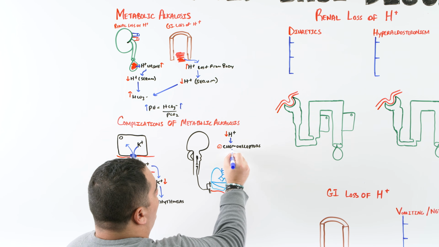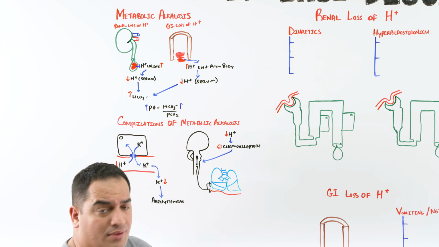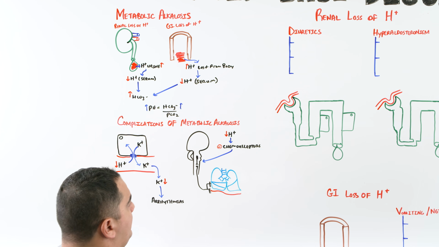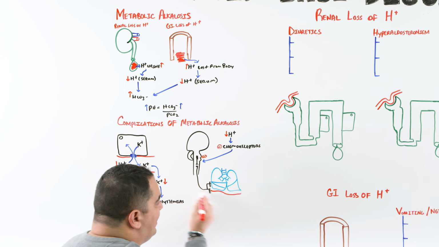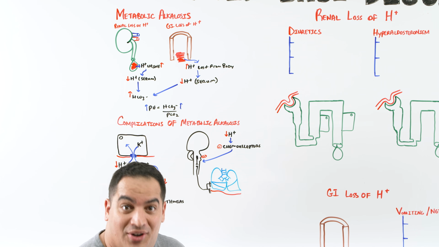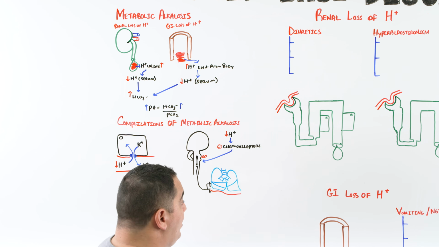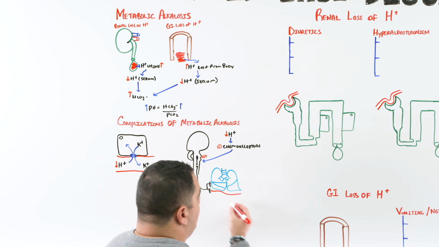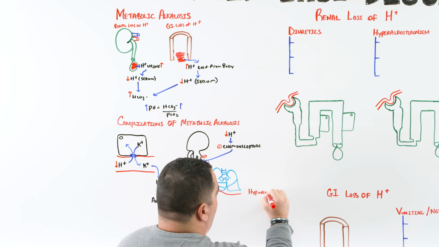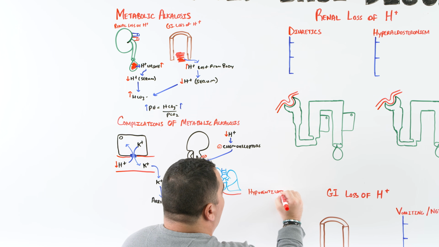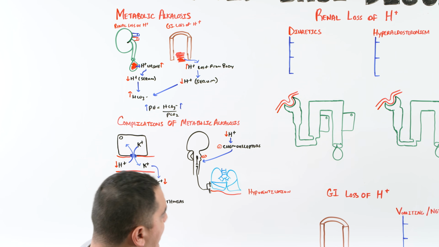So they send fewer signals, if you will, via the vagus nerve and the glossopharyngeal nerve, to the respiratory system. The respiratory center inside of the brainstem will be inhibited, and it'll send fewer signals down to your diaphragm and your intercostal muscles. So the rate of breathing will drop. These patients will experience something called hypoventilation. Now, whenever the patient hypoventilates, what do you think actually happens here?